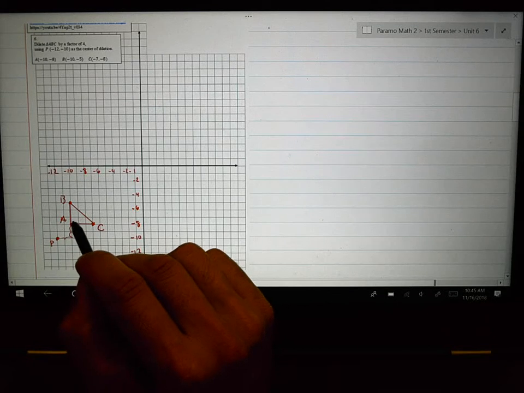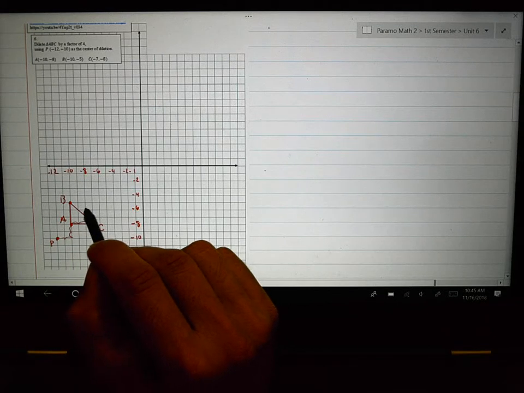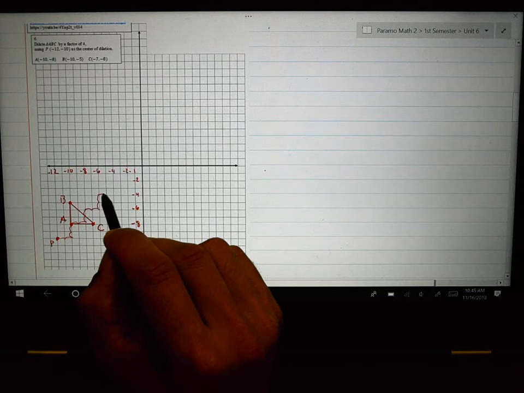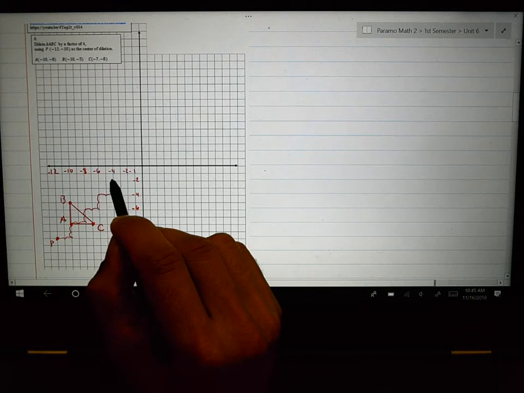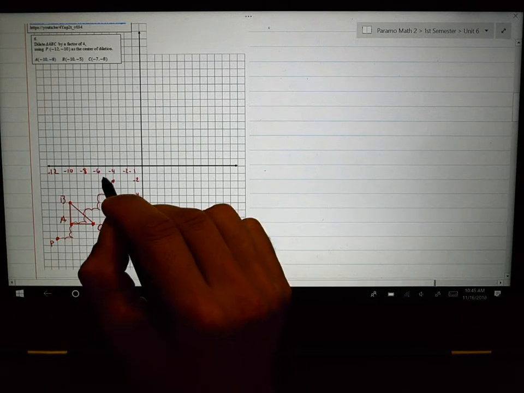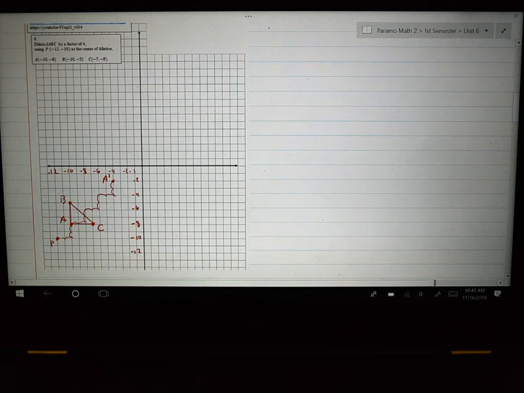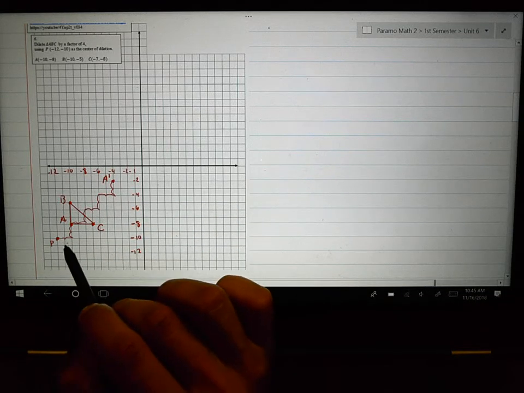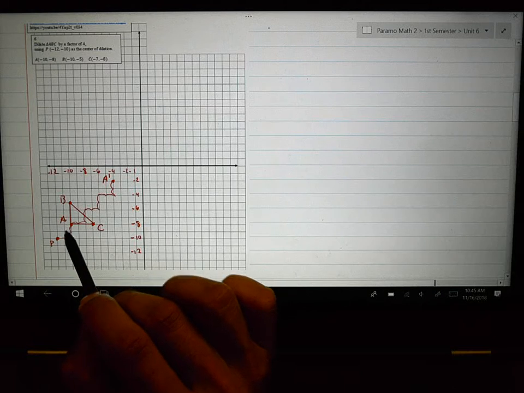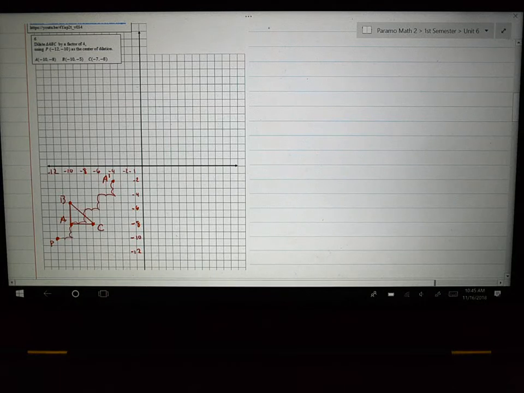I go 2 to the right, 2 up, 2 to the right, 2 up, 2 to the right, 2 up. I'm going to put a little dot right there, and I'm going to put an A prime right there. I took the distance 2 to the right and up 2, and I had to do that 3 additional times so that it's 4 times bigger than what it was.